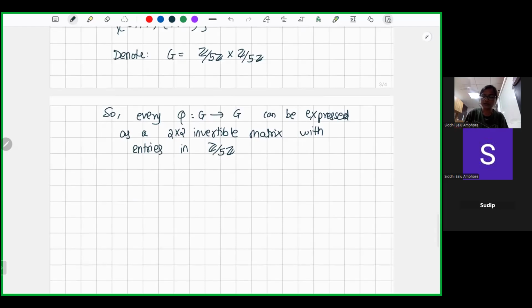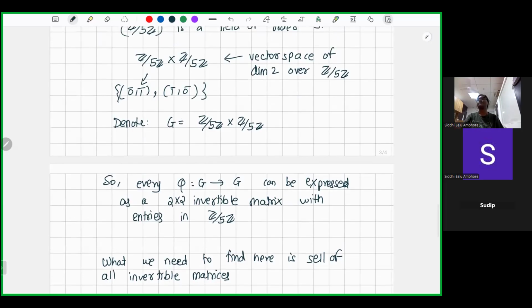So what we need to find is the set of all invertible matrices. Why 2 cross 2? Because this is a two-dimensional vector space to a two-dimensional vector space.